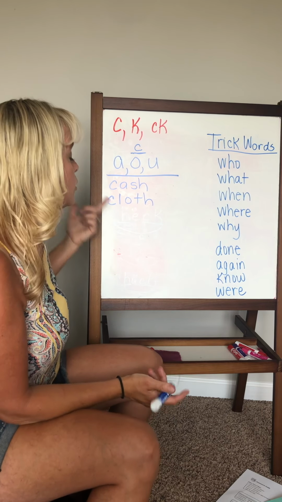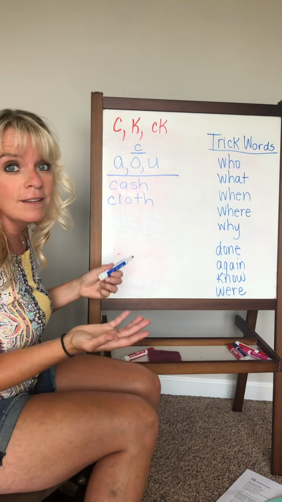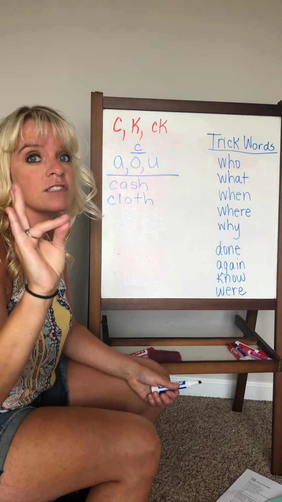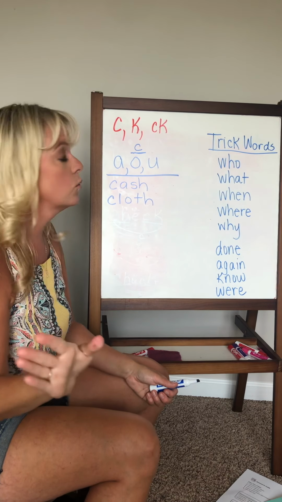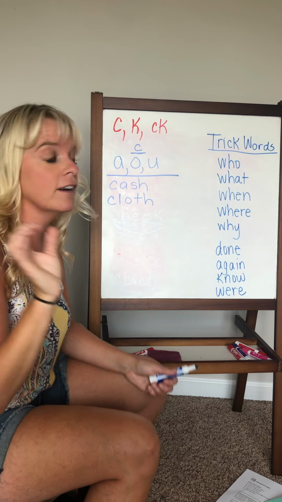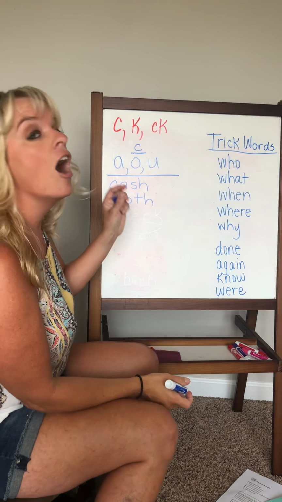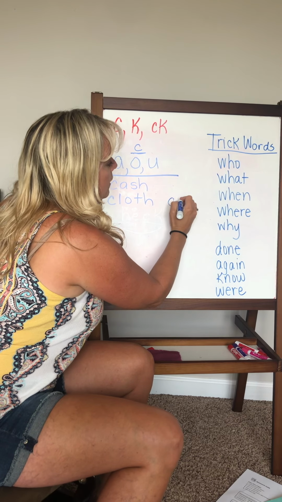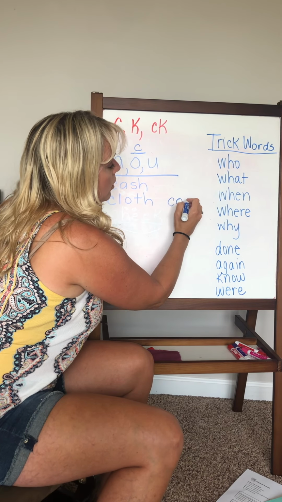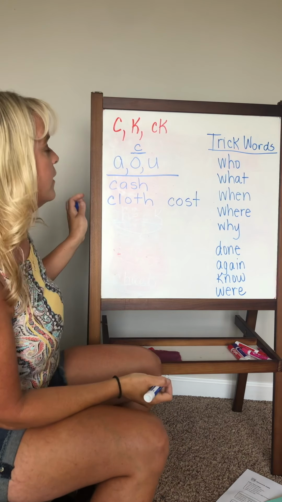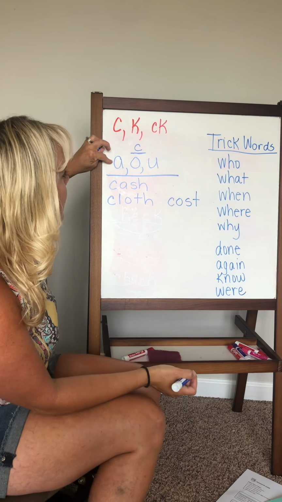You could also, if we did a word without a blend and we did the word cost, we could say k-o-st. So cost. Once you hear that vowel right after the k sound, it's k-o. So that means it's an O. So it would be c-o-s-t.